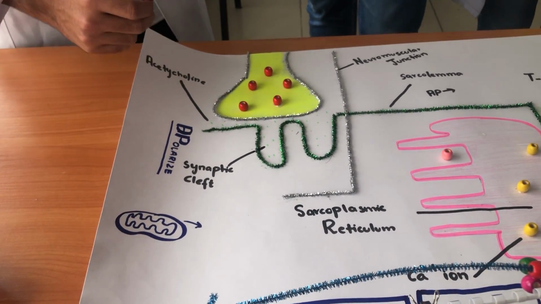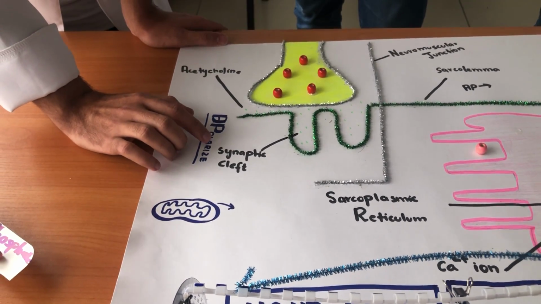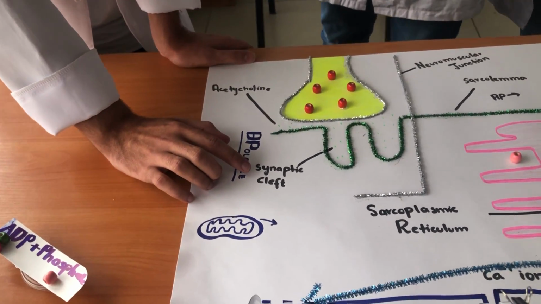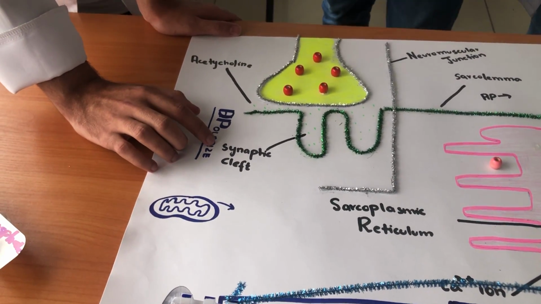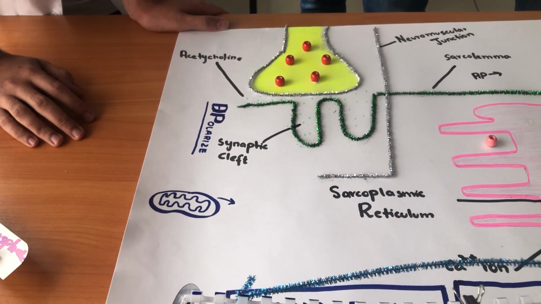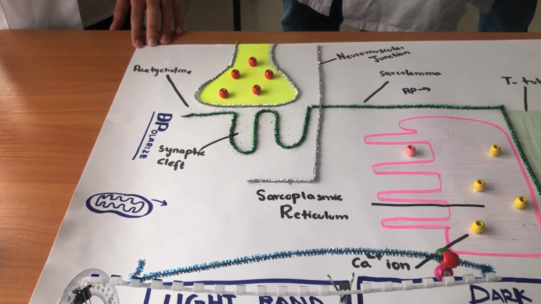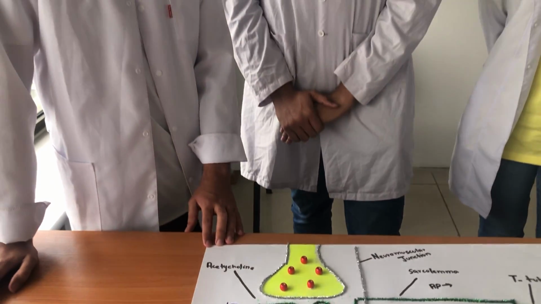From the synaptic cleft, the acetylcholine neurotransmitter is transmitted to the postsynaptic membrane, causing depolarization. By depolarization, the postsynaptic membrane action potential occurs, and this action potential moves across the sarcoplasmic reticulum.